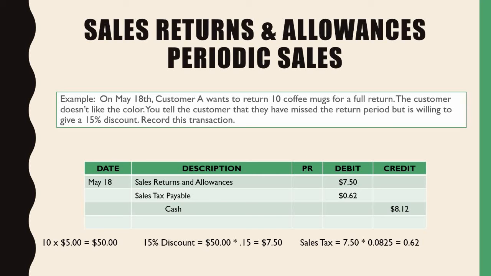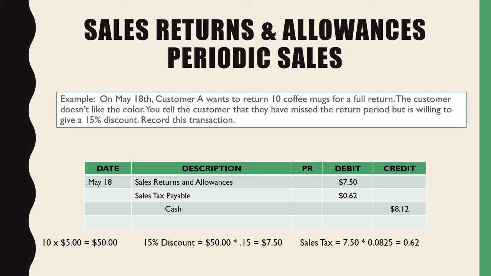So therefore, I need to also give back the tax because it's based on the actual revenue that you actually created or sold, right? So if I am refunding $7.50, therefore I have to refund the tax off of the $7.50 instead of the whole entire amount.